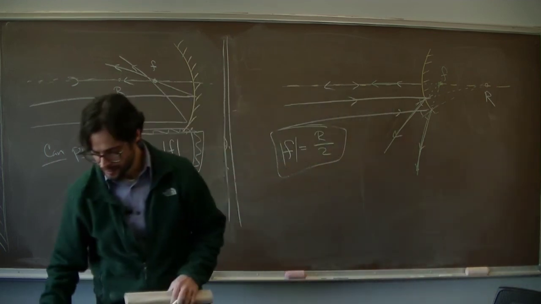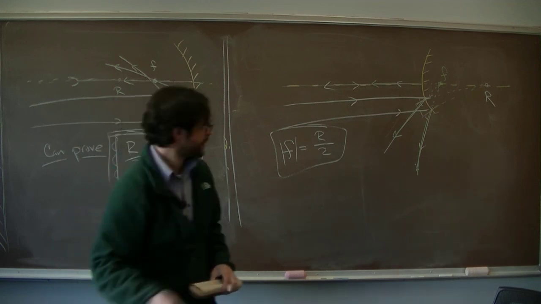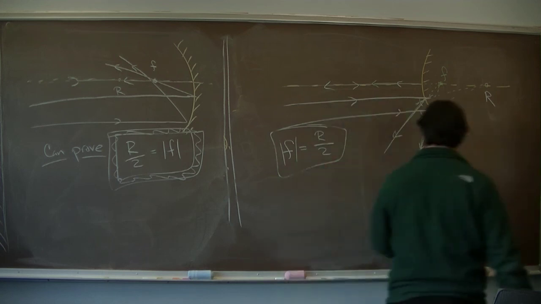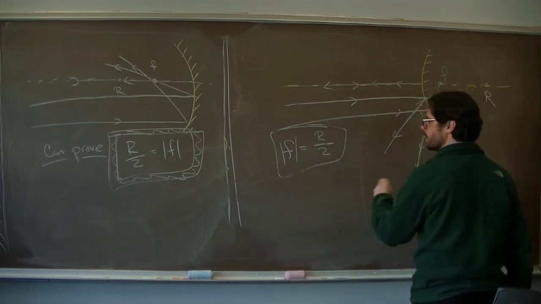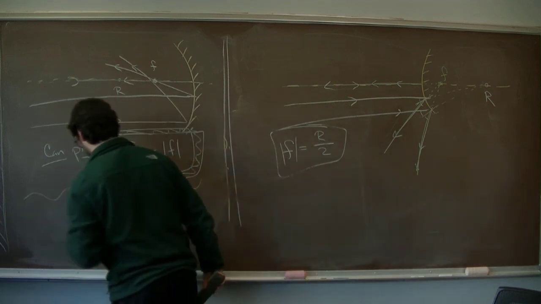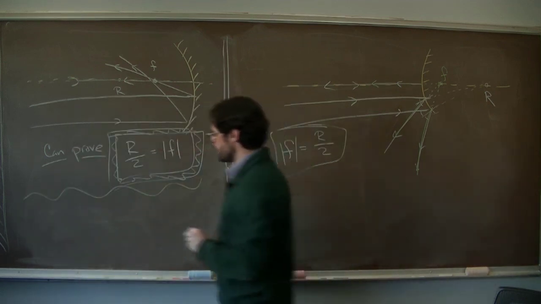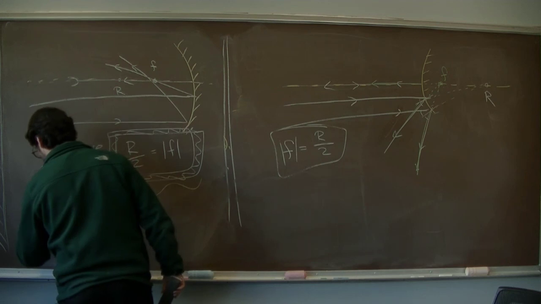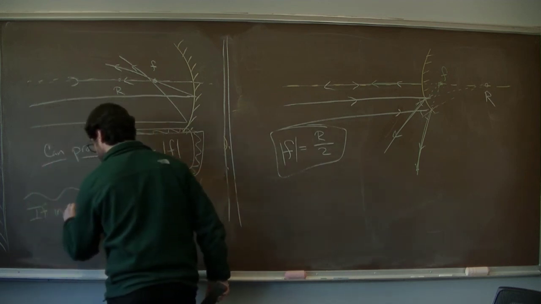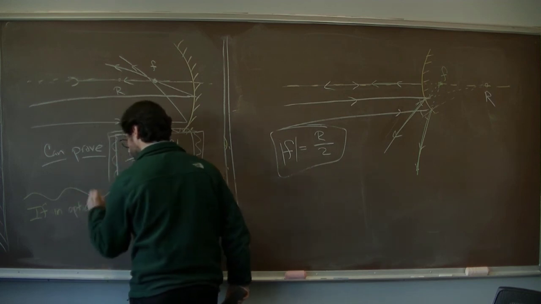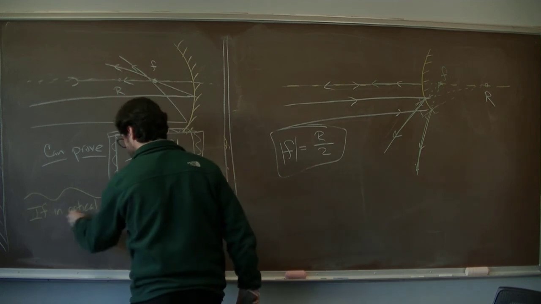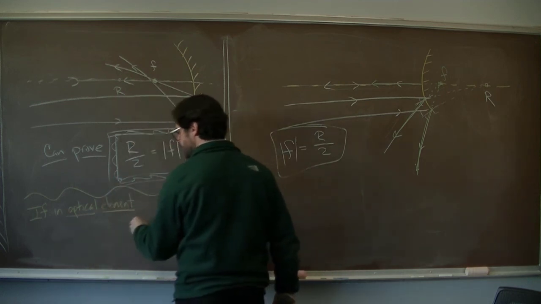Okay, so who cares? We didn't talk about why we would care about focus, and I'll put that here. And this is where we'll pick up with the next video. This could even be called a theorem, it's so important. So I'll say optical element, because it's true for lenses and for mirrors.